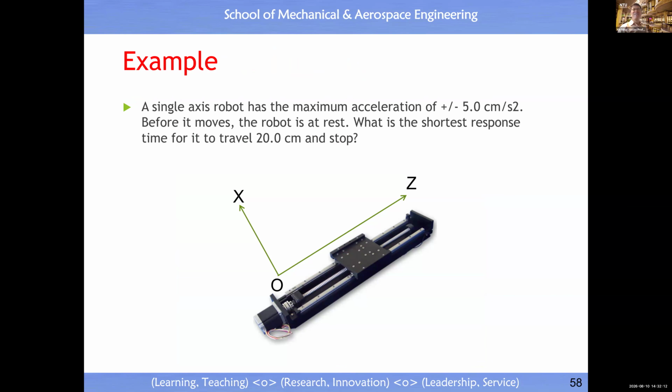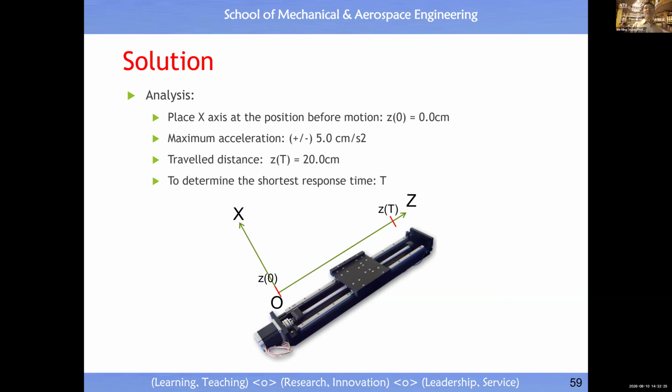I guess this is a year one physics, okay? So you have a starting point, you have an final position, then what is the shortest response, okay? And we give you maximum acceleration, deceleration, okay? The travel distance, right? You know, and we want to know what is the shortest response time. Then in this case, you as a designer, we design two motion.